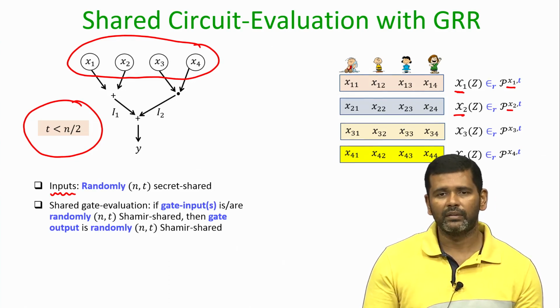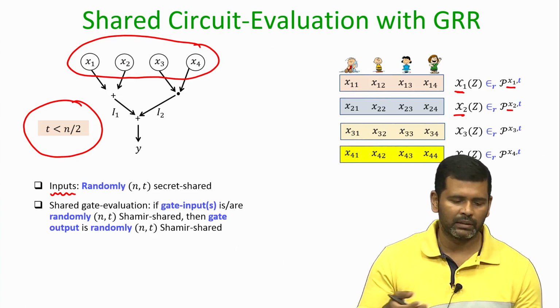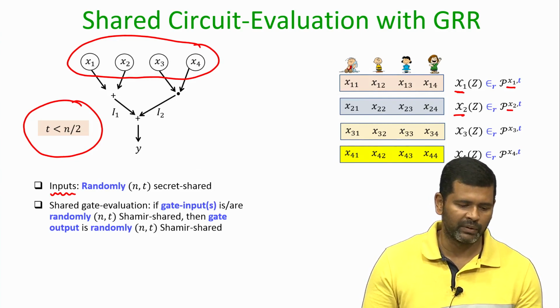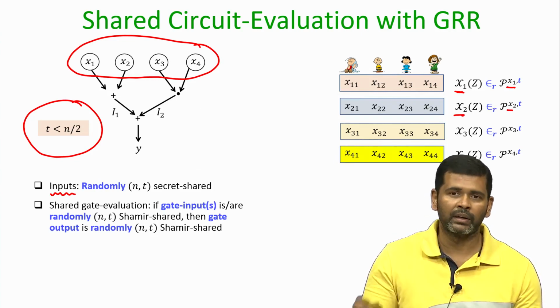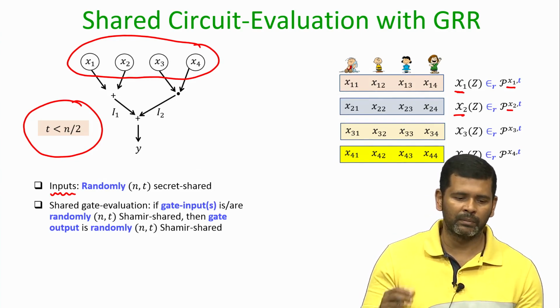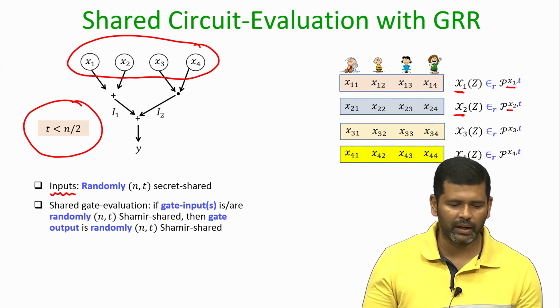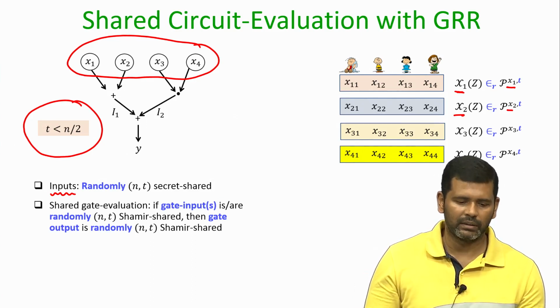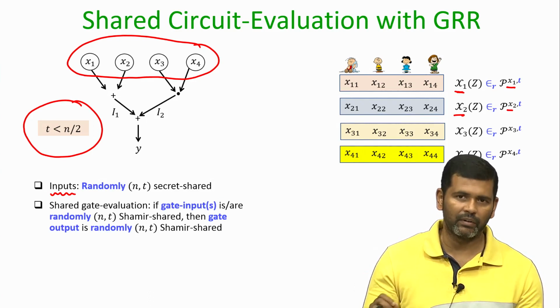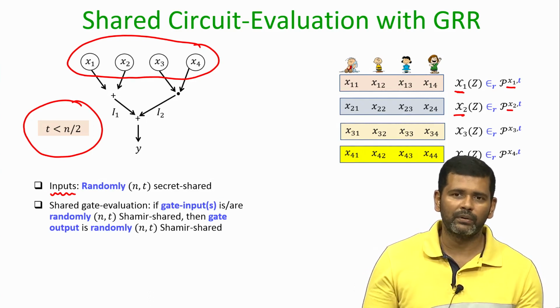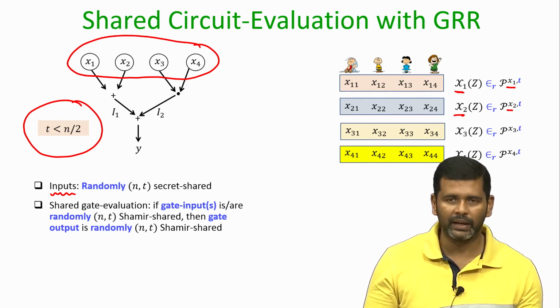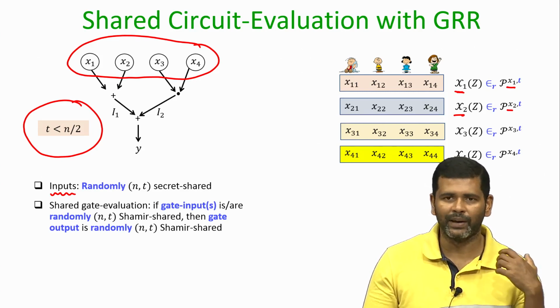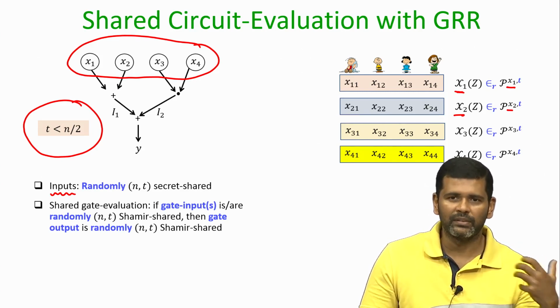For certain gates, maintaining the BGW invariant need not require interaction among the parties, but for multiplication gates it will require interaction, and the invariant that the parties have to maintain is the following. If the inputs of the current gate which the parties are now trying to evaluate are randomly secret shared.